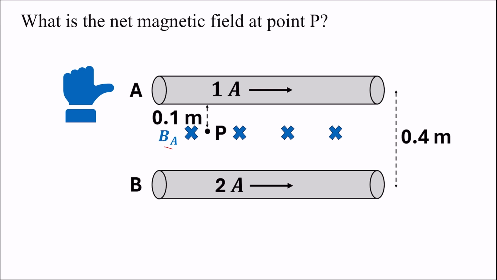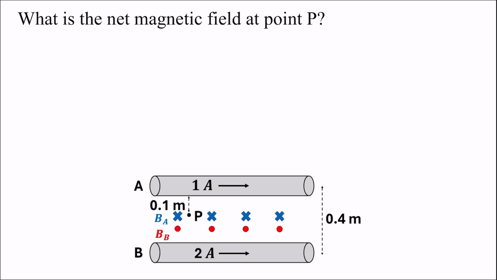So the field due to A is into the page at P. Wire B has current going the same way, but now we're looking above the wire. So if I point my thumb to the right and curl my fingers above wire B, they would curl out of the page.